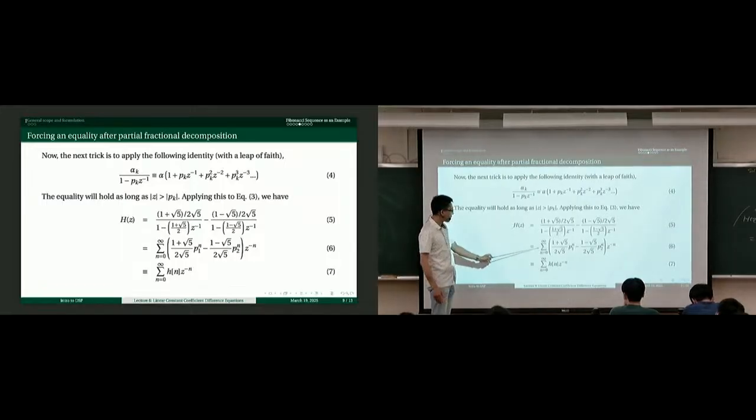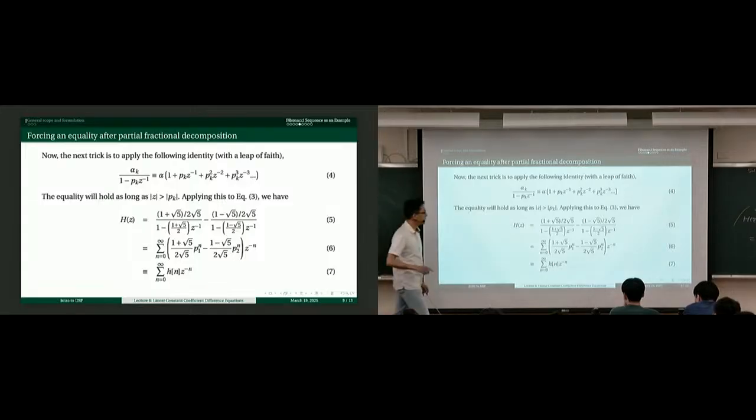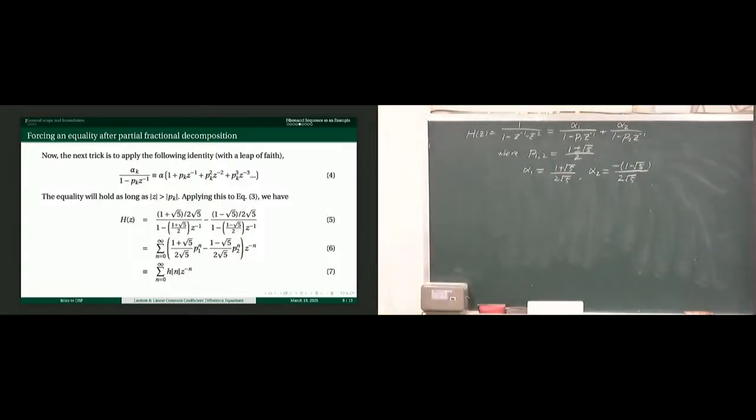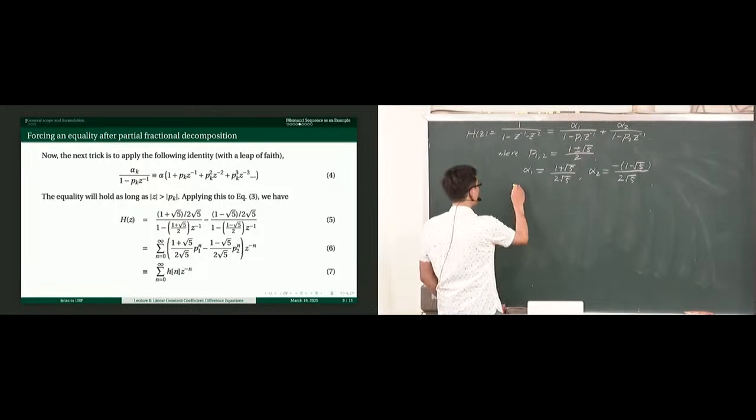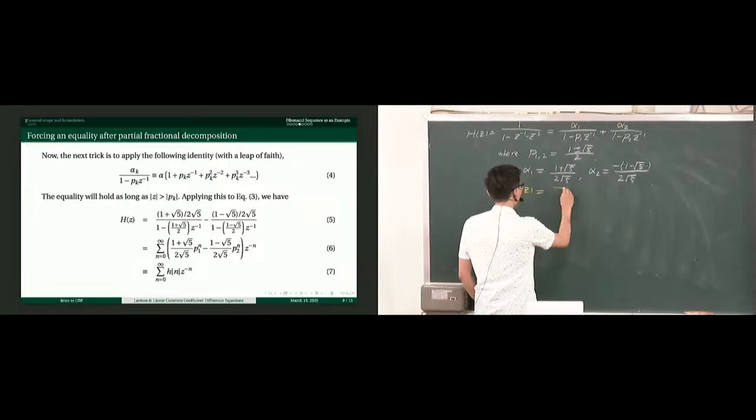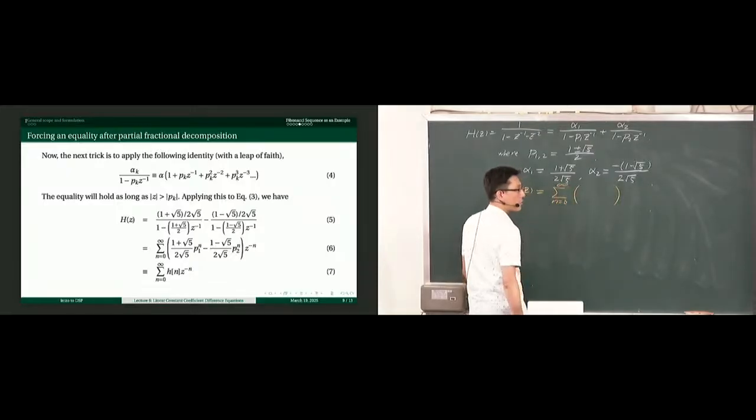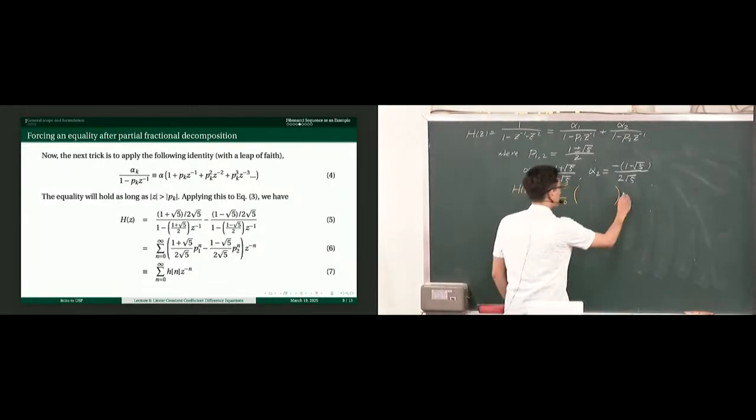Once you reach this line, the next step is simply to notice this h of z is now becoming a power series. It's a power series. Let me just introduce this term. I write it on the board. Power series. So now we have a power series, h of z equals the summation of a big thing from 0 to infinity, and z to the minus n.